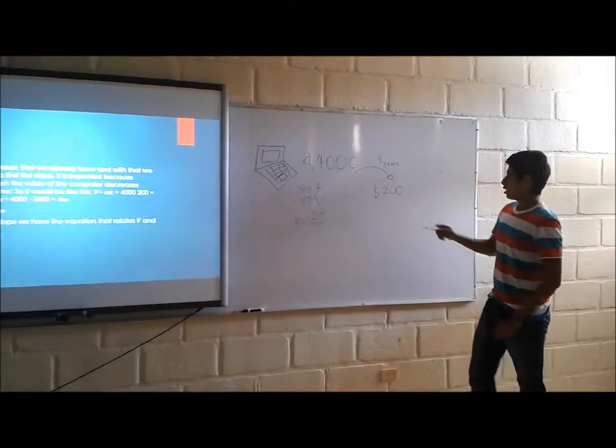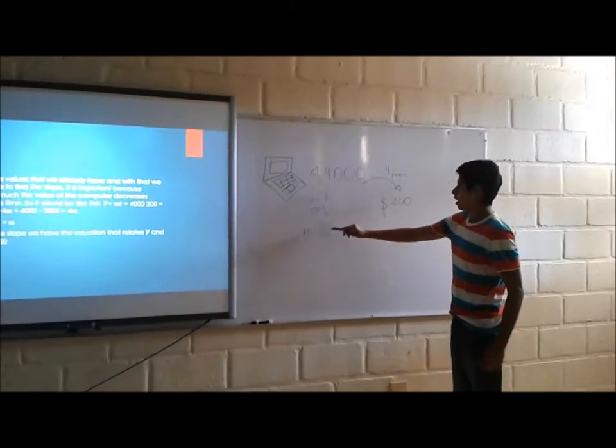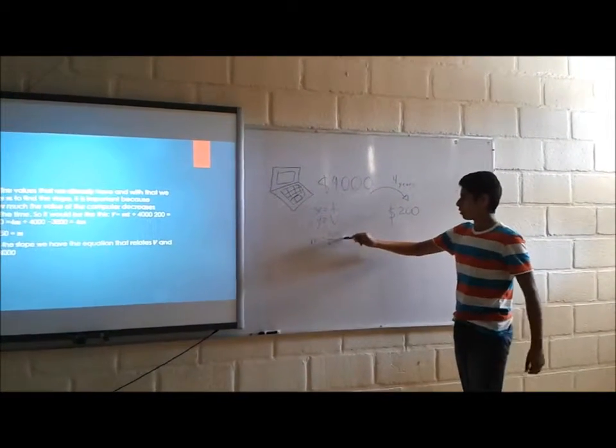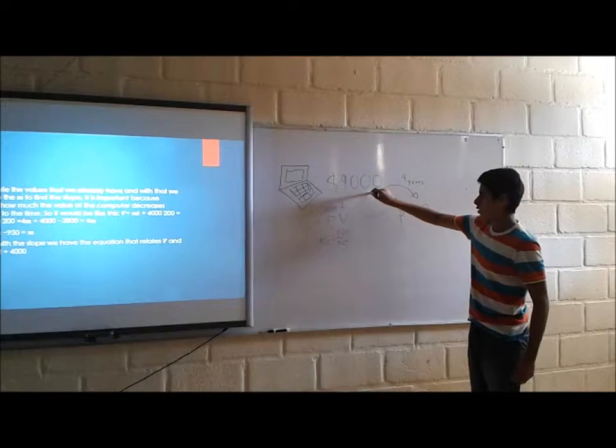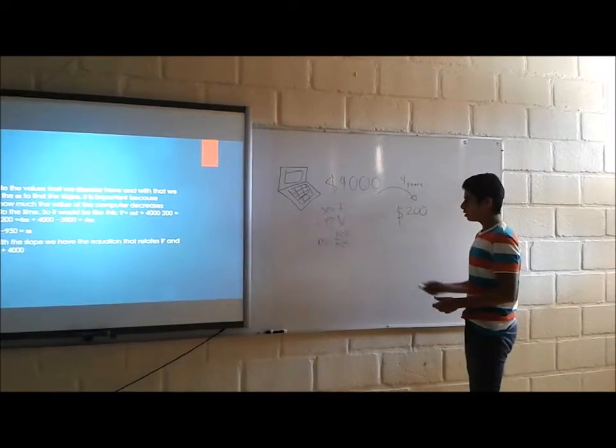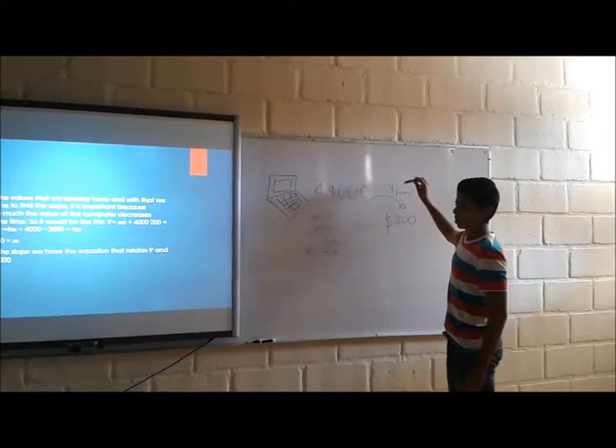Then y2 will be 200, and y1 will be 4,000, and x1 will be the year 0, and x2 will be the year 4.